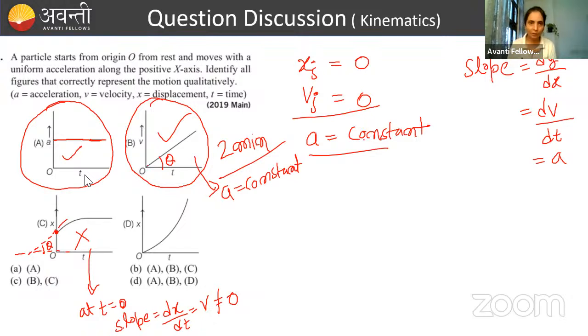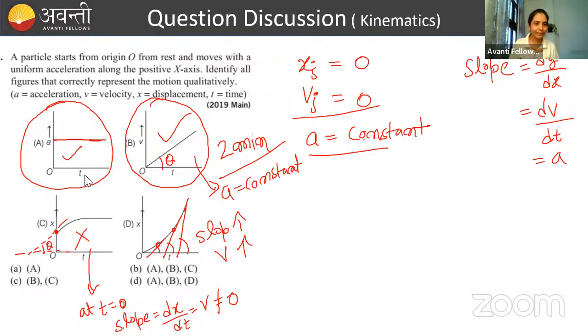Now let's come to option D. If you come to option D, you can see what's happening. Again, this is also an XT curve. Okay, ठीक है. So in the XT curve, what is happening to the slope? Slope gives velocity. And slope with time is increasing. You can see the angle made with the positive x-axis is increasing. So if slope is increasing, it means velocity is increasing.